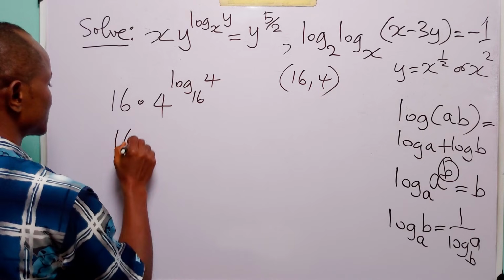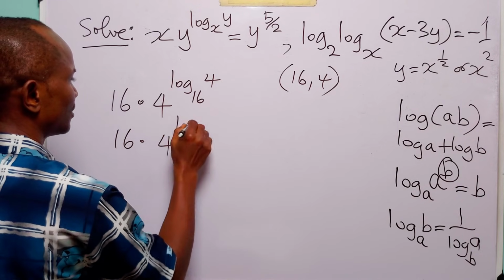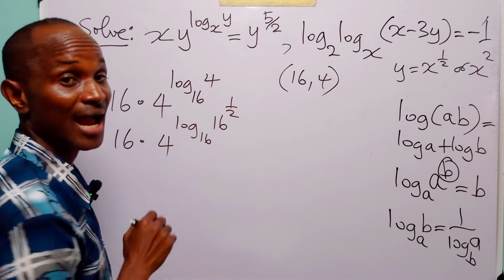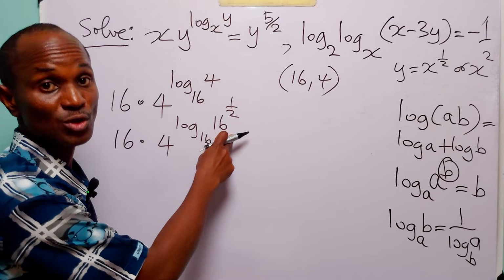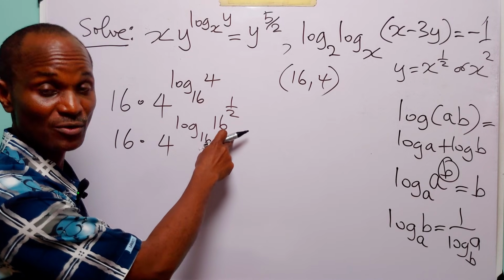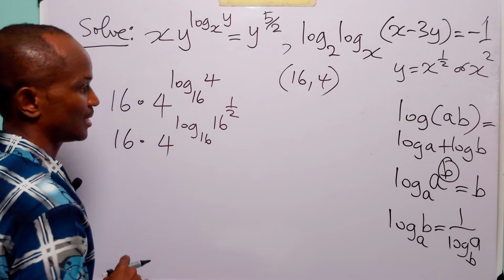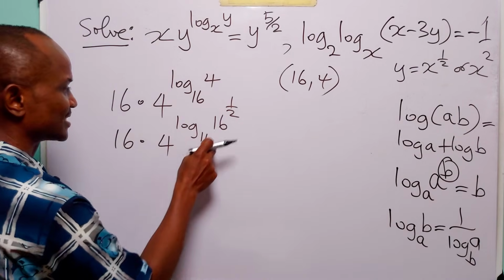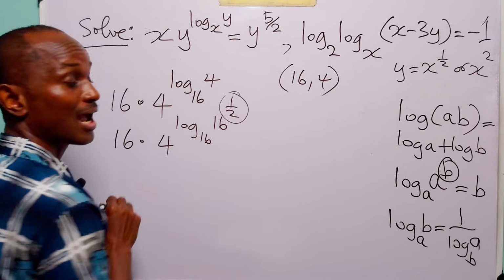This is equal to 16 multiplied by 4 to the power log to base 16 of 16 to the power half, because of course you know that 4 is the square root of 16 and the square root of 16 is the same thing as 16 to the power half. Now we go back to this law. This is log to base 16 of 16 to power half, so it's simply equal to half.